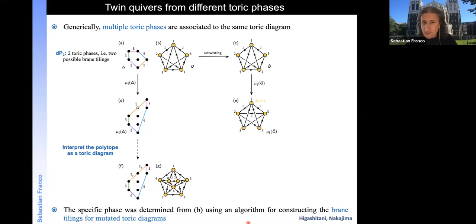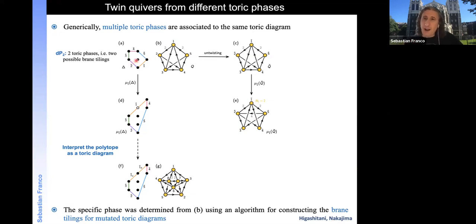picked by using the algorithm by these two Japanese people. They wrote a paper called The Formation of Dimer Models. What they were interested in is a slightly different problem than the one I was discussing today.